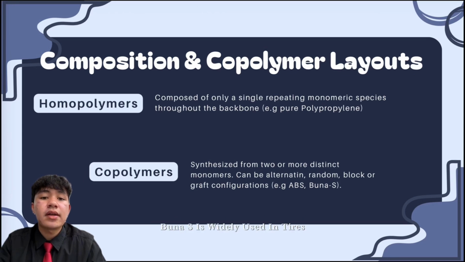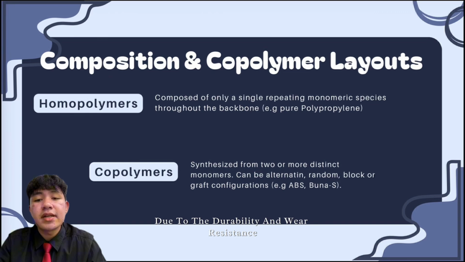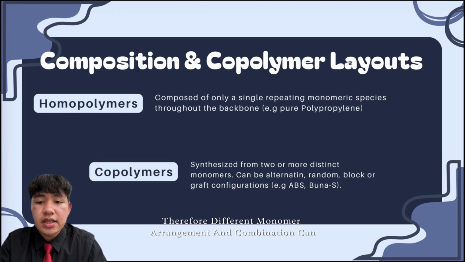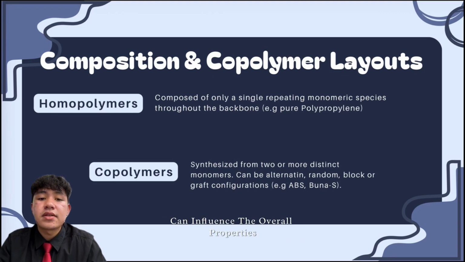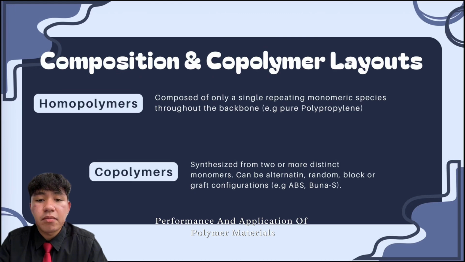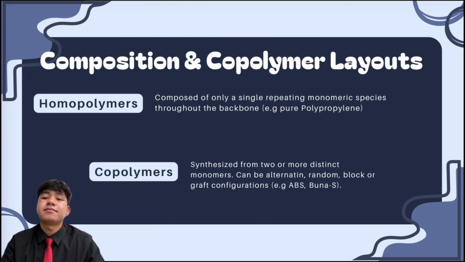Buna-S is widely used in tires due to its durability and wear resistance. Therefore, different monomer arrangements and combinations can influence the overall properties, performance, and application of polymer materials.